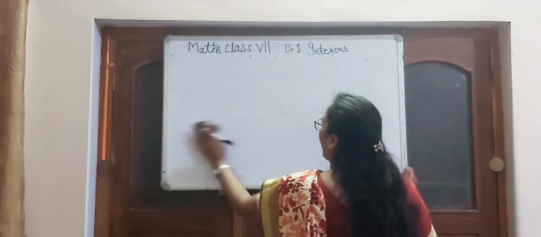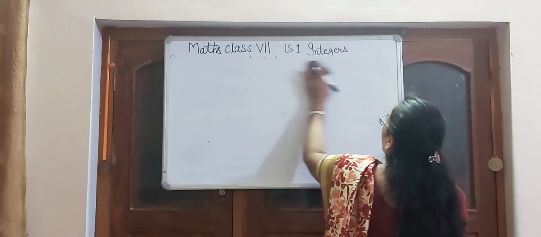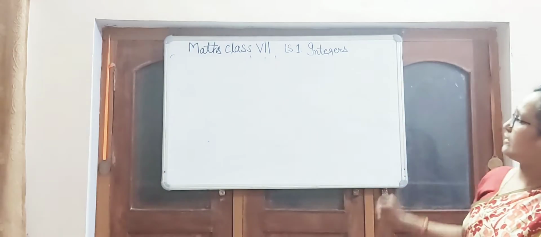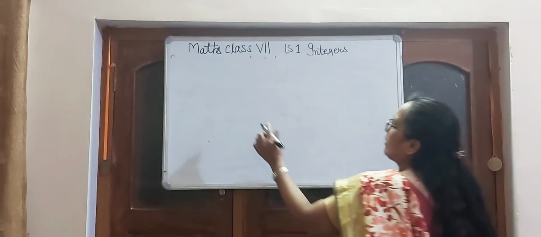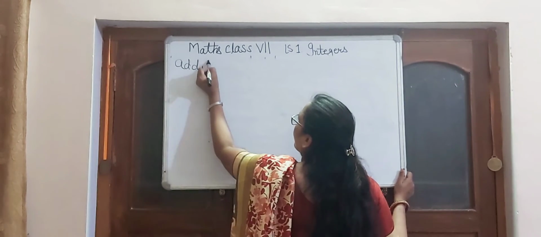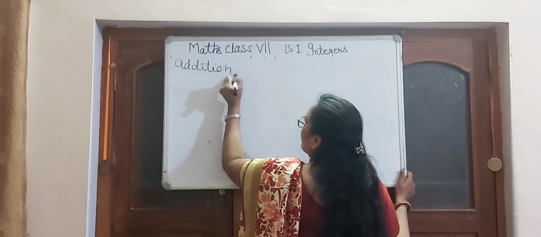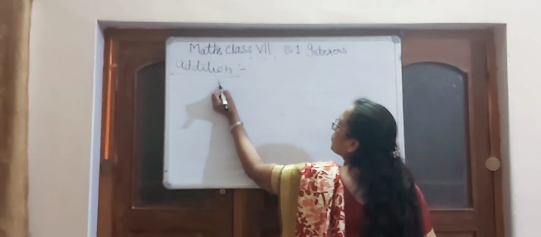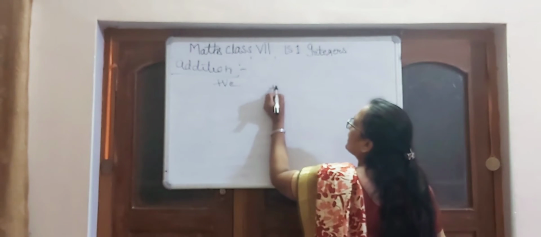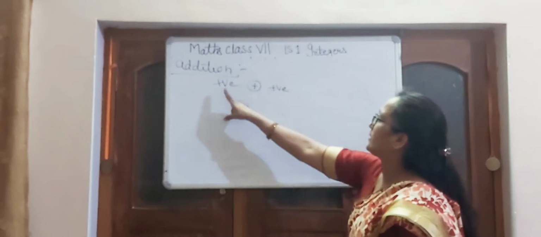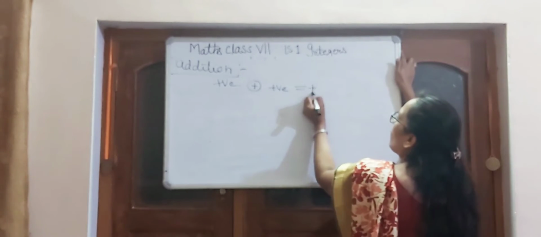Now the main things of integers are addition, subtraction, multiplication and division. Some important things I am going to explain later. Addition: when you add two positive integers, the answer is always positive.